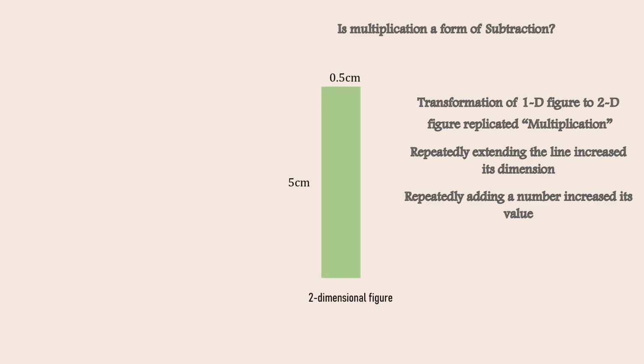Thus, we can depict this scenario as a 5 centimeter line getting multiplied by a length of 0.5 centimeters. And the resulting product, which is equal to 2.5 square centimeters, indicates how large the 2D surface is. Moreover, this form of multiplication shows that the 5 centimeter line, though multiplied by 0.5 centimeters, did not undergo a reduction in its length.